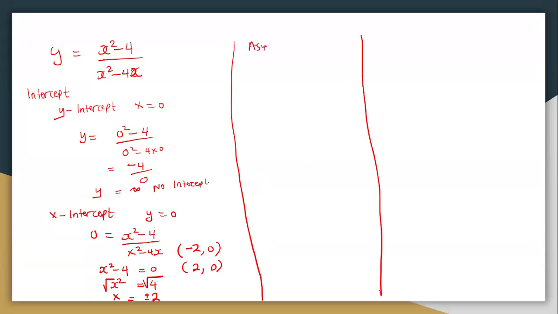Well, we will have the vertical asymptote. There we will have x squared minus 4x equals 0. What kind of equation is this?